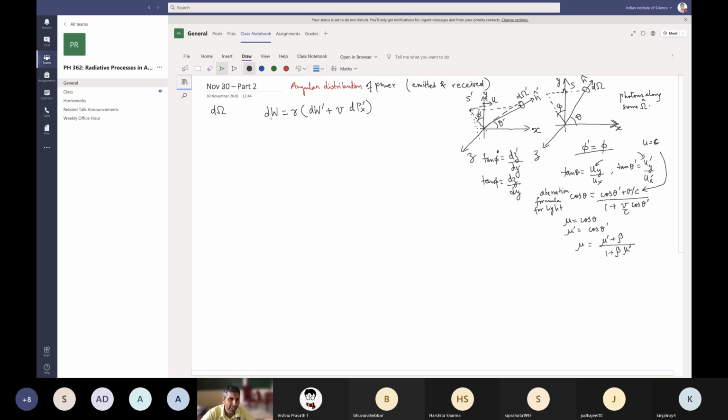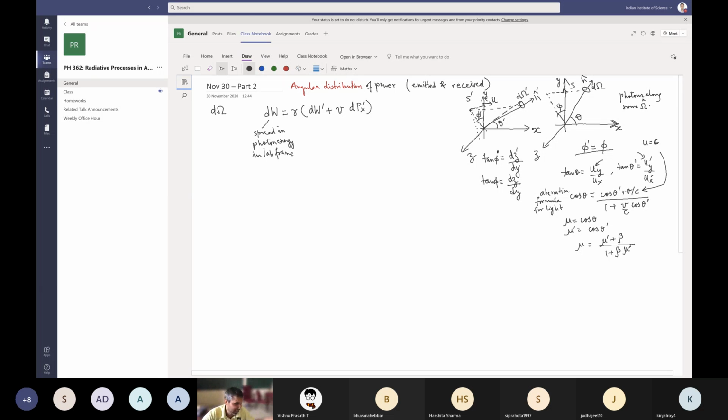So we are considering the change in energy, the spread in photon energy in the lab frame. The same thing in the particle rest frame. V is the particle velocity, Px prime is the photon momentum along the x direction in the particle rest frame. This is the particle rest frame, not the photon rest frame, right?